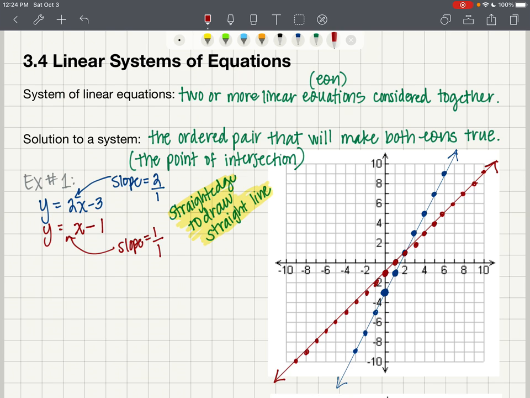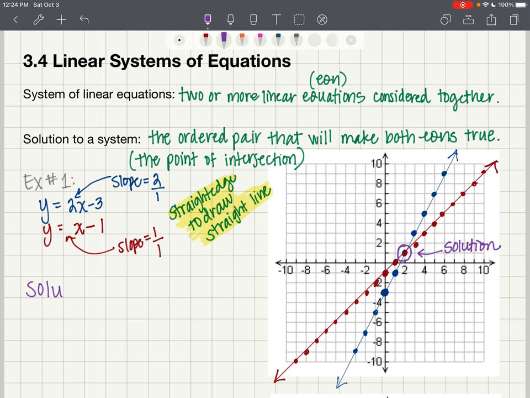And the point that they share, I'm going to do this in purple, the point that they share, you might have noticed when you were making your points and that red point went right over the blue point, that's the solution. So the shared point is the solution.